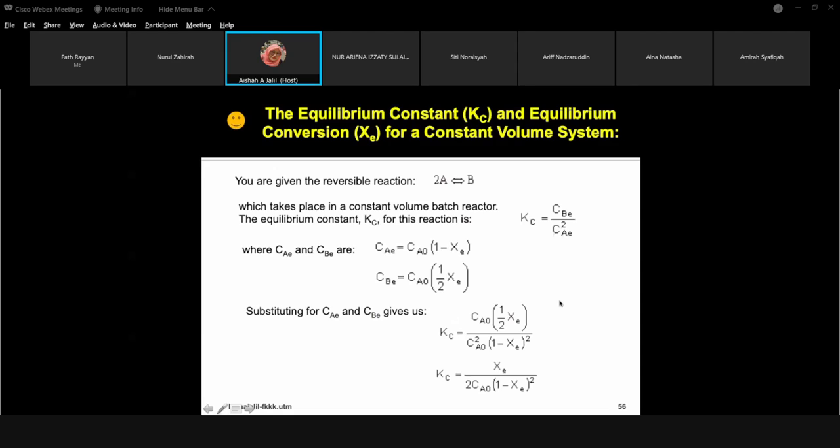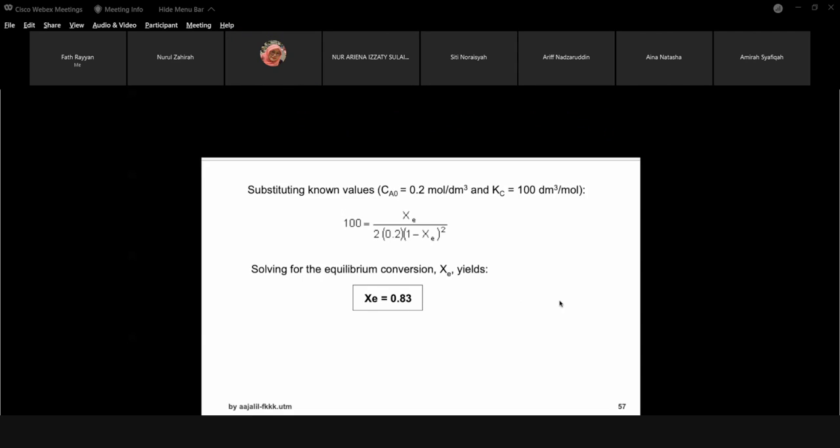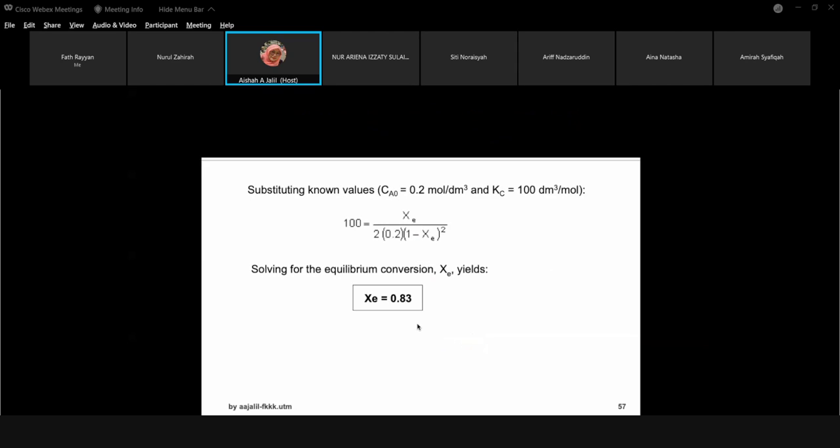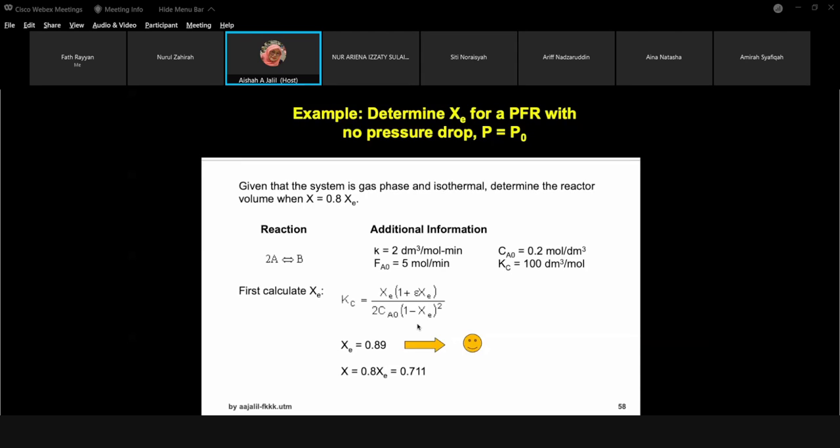Same method, then you can get the Xe is 0.85. Okay, this is determining Xe for a PFR, no pressure drop. That one is for the CSTR. Then you can get that the PFR is higher.